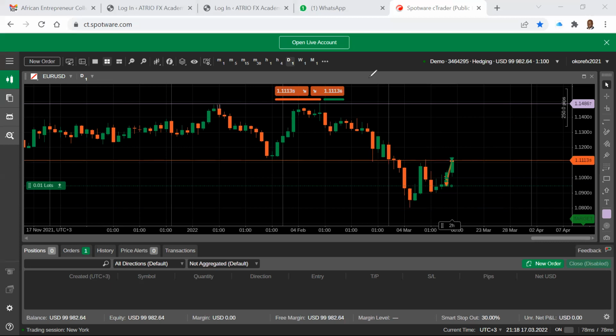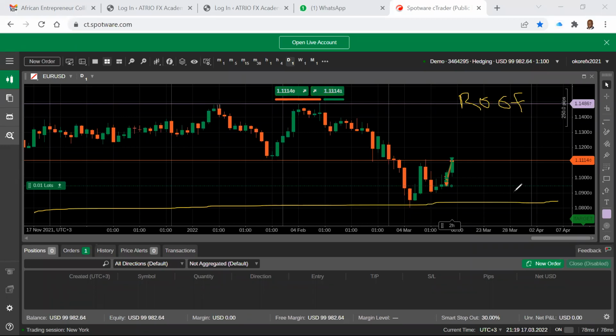And then there is what we call support and resistance. So if this is a roof, let's pretend this is a roof, and let's pretend this is a floor. Now in Forex, the floor always provides what we call support.